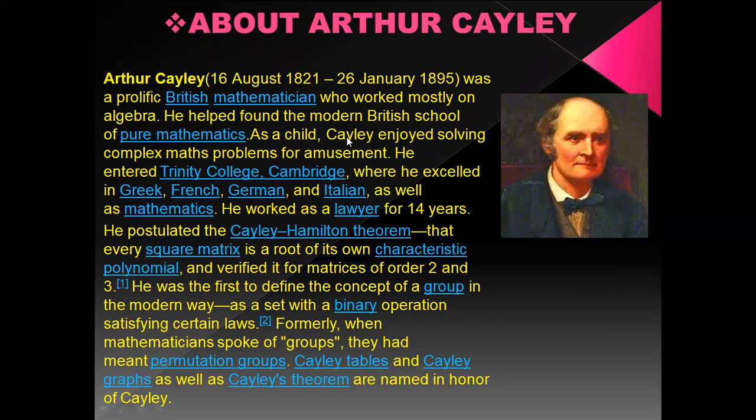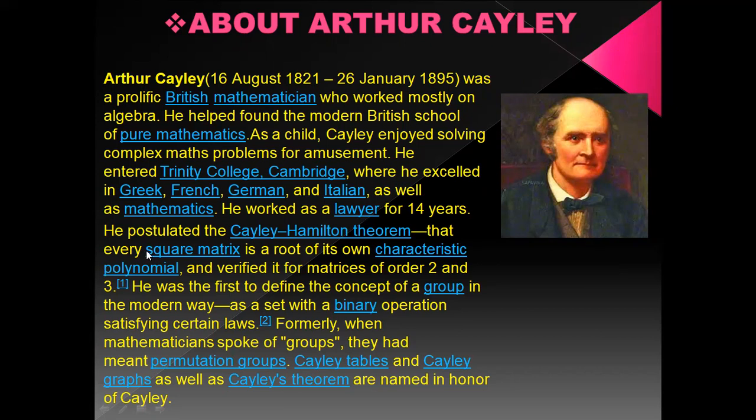As a child, Cayley enjoyed solving complex maths problems for amusement. He entered Trinity College, Cambridge University, where he excelled in Greek, French, German, and Italian, as well as mathematics. He worked as a lawyer for 14 years.